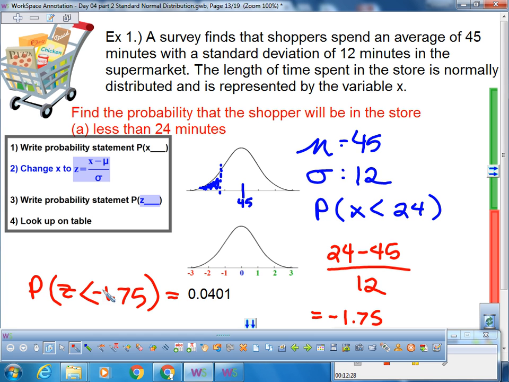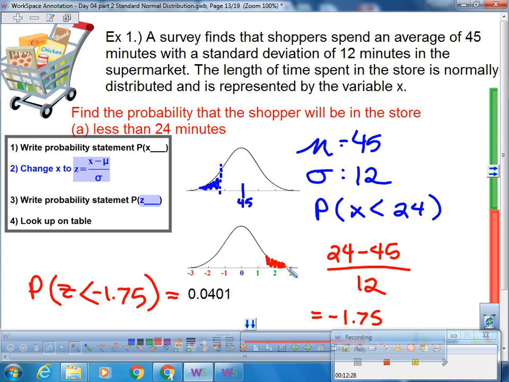Now, the reason I said I was going to come back to it, Catherine, is we can use that sometimes if I want to know the area over here. If I want to know the area over here, couldn't I just use the negative side? Does that make sense?